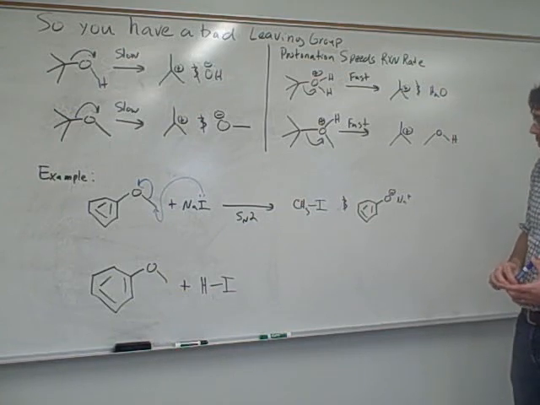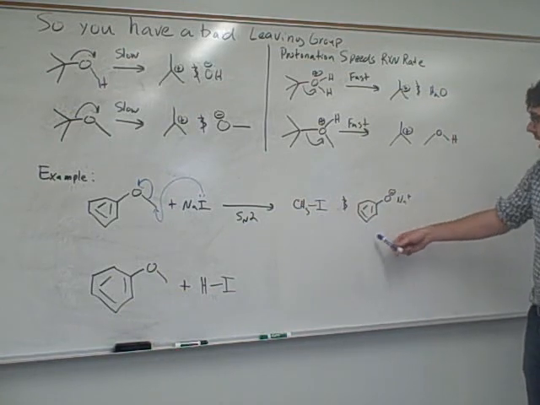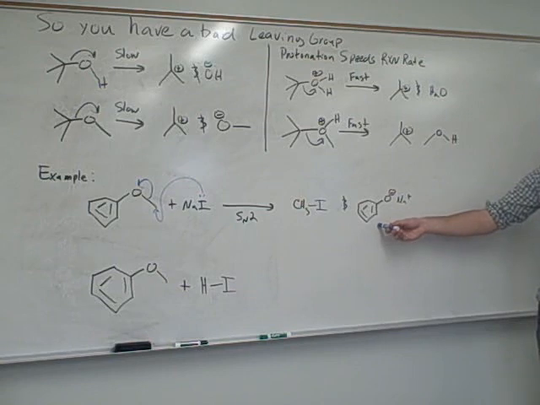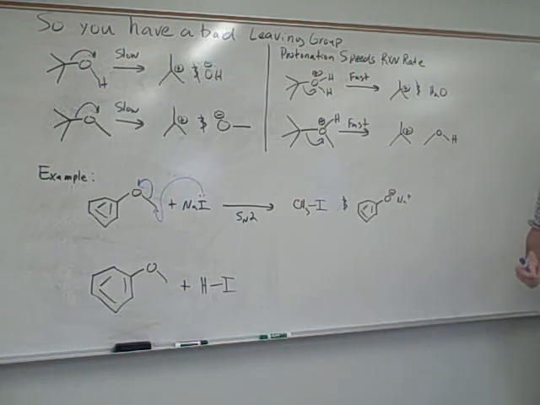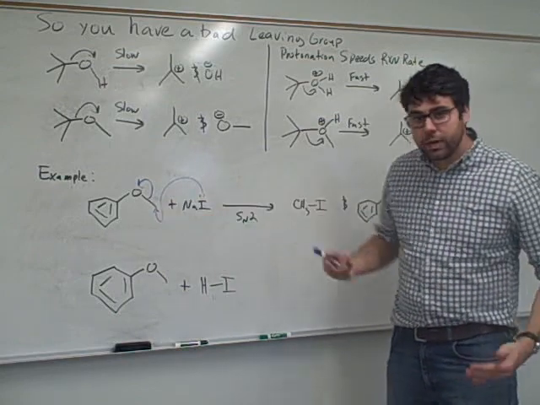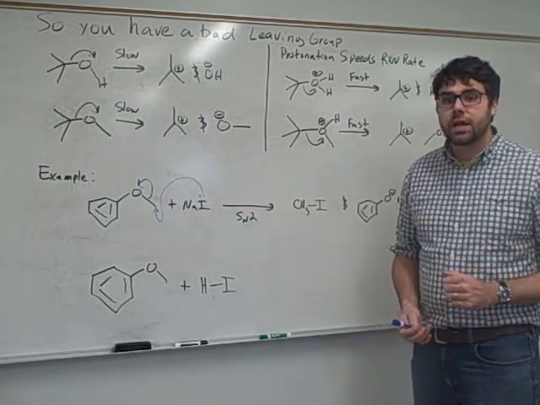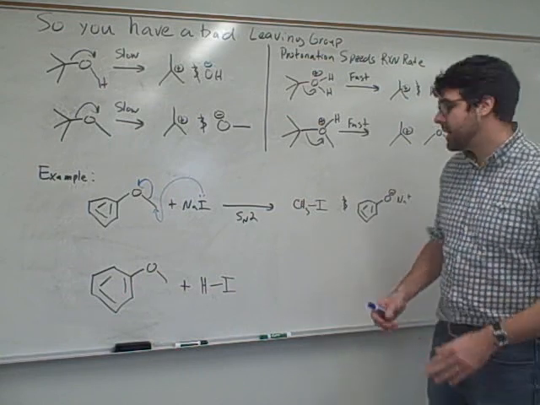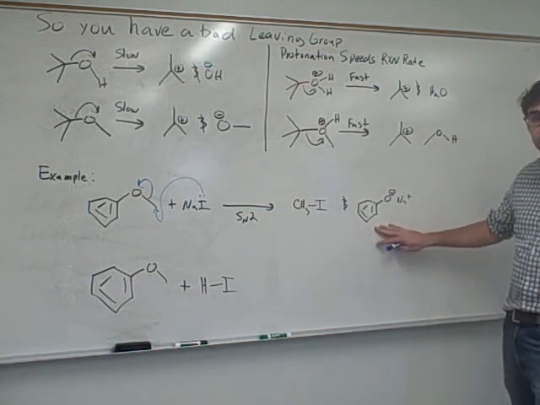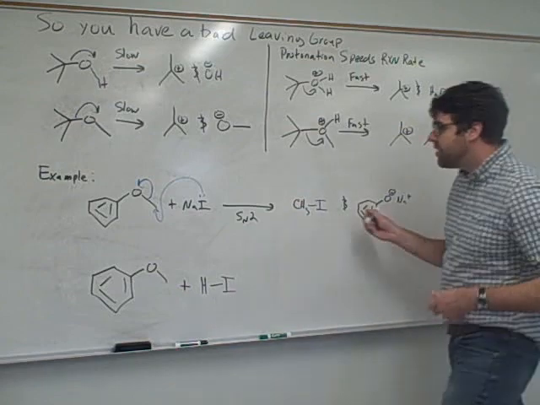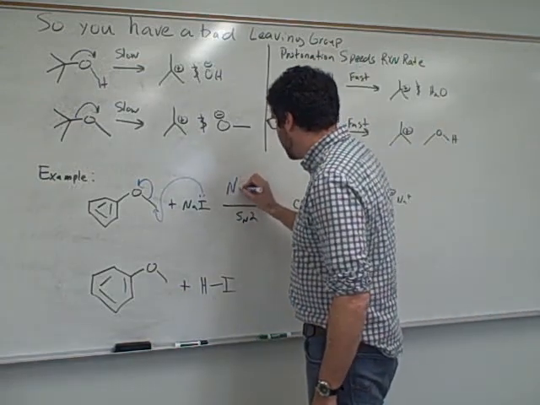And this would wind up forming methyl iodide and the phenolate anion, which has a counterion of sodium plus. It turns out, though, that this leaving group here is really kind of terrible. The phenoxide anion here is a strong base, and so it's not going to want to leave. And so if we mix these together, there is no appreciable reaction.